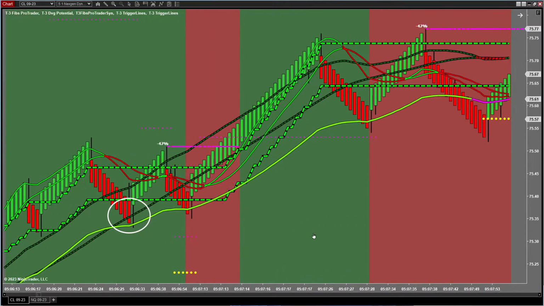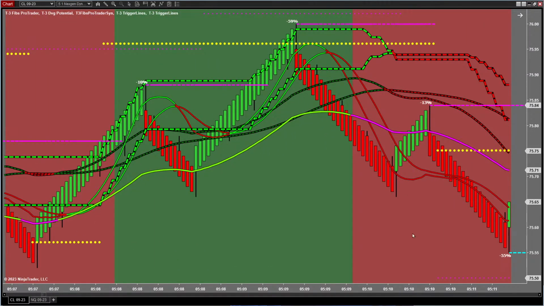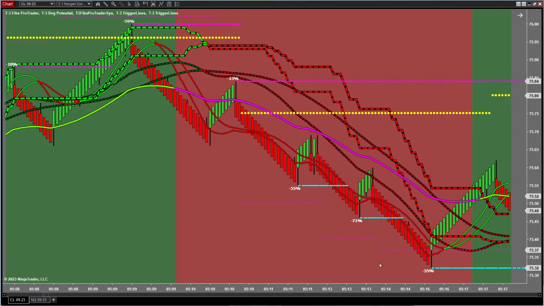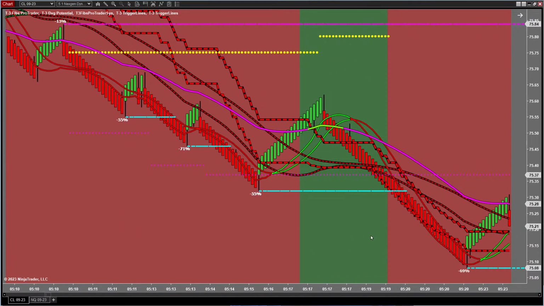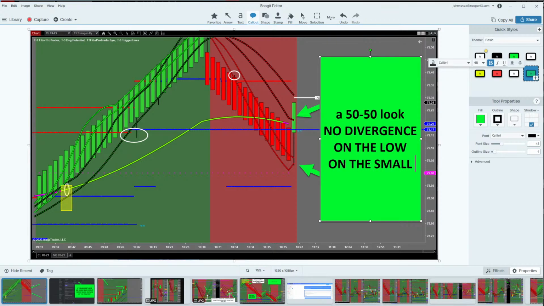As you scroll forward, there are a lot of trend trades, don't get me wrong. But when you get that one trend trade where all the triggers come together at the same time, look, no divergence on the low on the small chart.